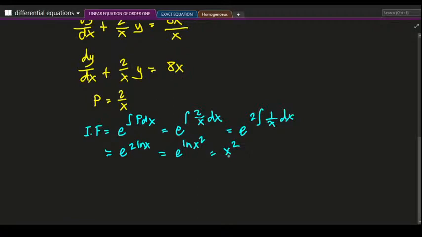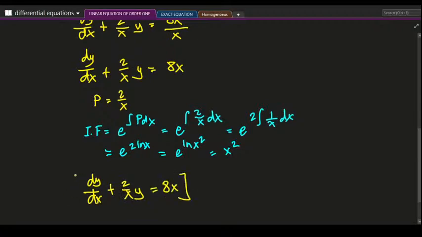Okay, so our integrating factor will be multiplied to both sides of the equation. So we will have this form of the equation, dy/dx plus 2 over x times y is equal to 8x.